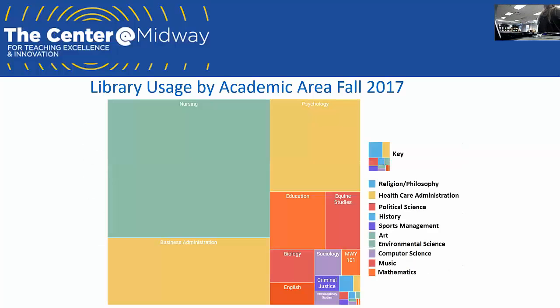And then, just because I know that some faculty members are competitive, we made this little tree graph. This is a tree graph, and it is a visual representation of how each of our subject teaching areas has used the library in the fall semester. Nursing, by far, used the library the most. Then I'd say business and psychology are more or less equal.